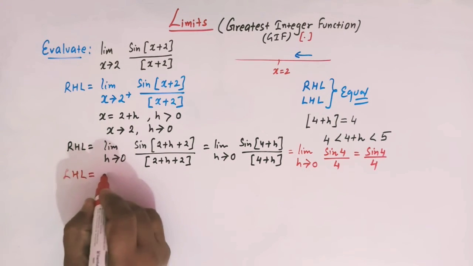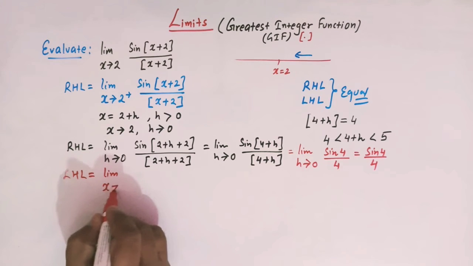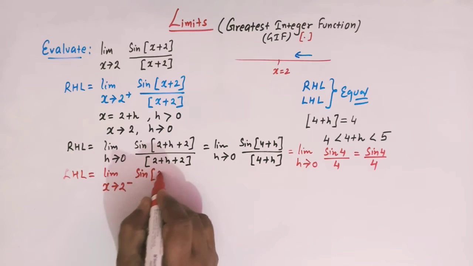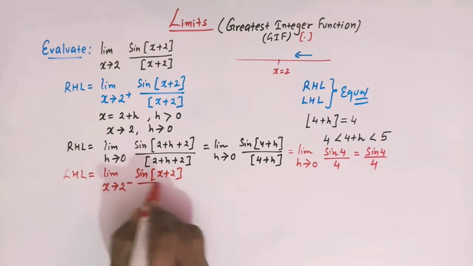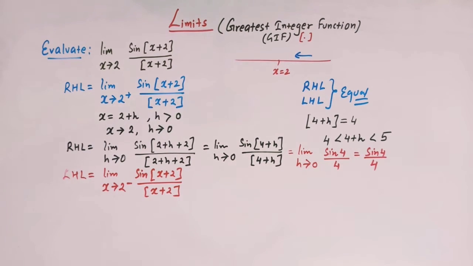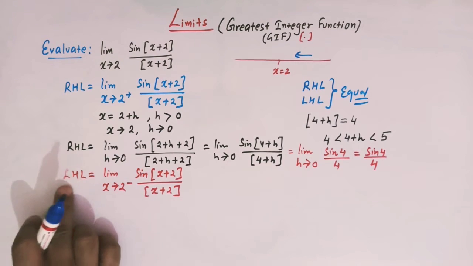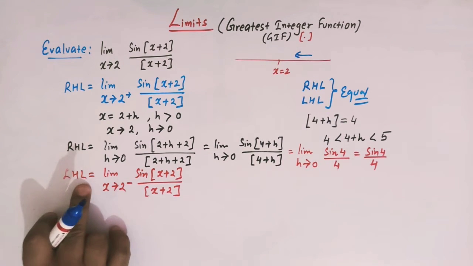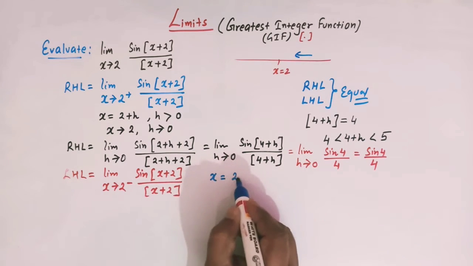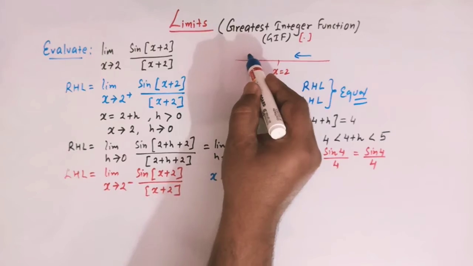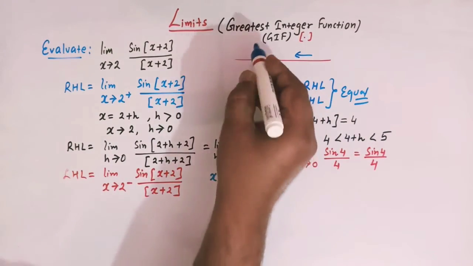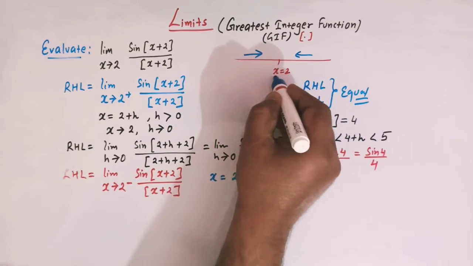So the left hand limit is given by limit x tends to 2 minus, sin[x+2] divided by [x+2]. In order to evaluate the left hand limit, we'll take x equal to 2 minus h, because in this case the value of x approaches 2 from the left of x equal to 2.